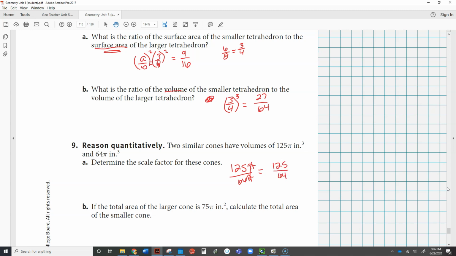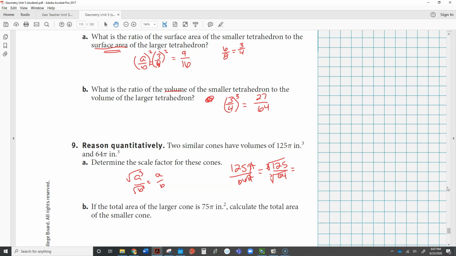But this is for cubic inches right here. So to find the scale factor, I have to take the cube root of both sides, because this is A cubed over B cubed. And so I need to find A over B, so I have to take the cube root of both sides. So the cube root of 125, I bet, is going to be 5.